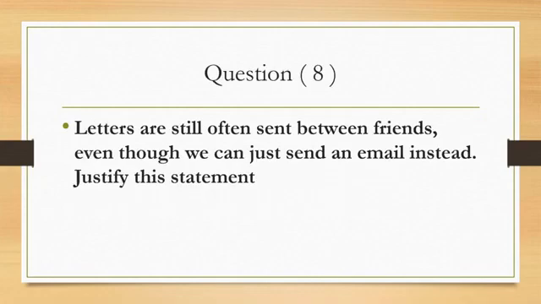Question 8. Letters are still often sent between friends, even though we can just send an email instead. Justify this statement. ممكن نلاحظ إنه بعض الناس أو بعض الأصدقاء لغاية الآن عم بيبعتوا رسائل مكتوبة، مع إنه بإمكانهم يبعتوا إيميلات. Instead معناها بدل عن. Explain why.